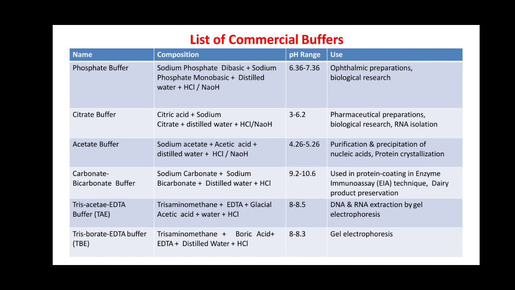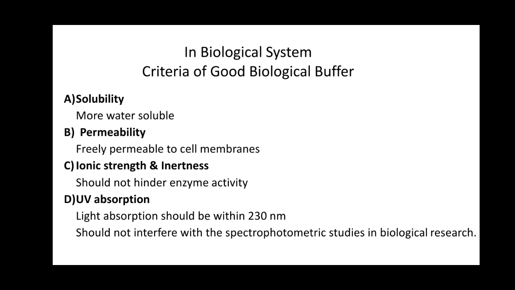EDTA buffer ranges from 8 to 8.5 and is used in DNA and RNA extraction by gel electrophoresis. Commonly we use the Tris acetate buffer in electrophoresis. And also TBE, EDTA buffer, is used in gel electrophoresis.